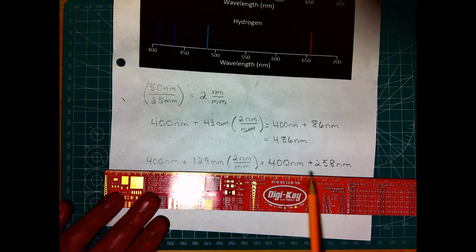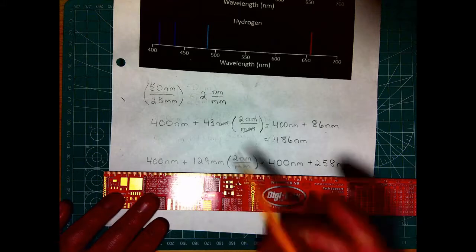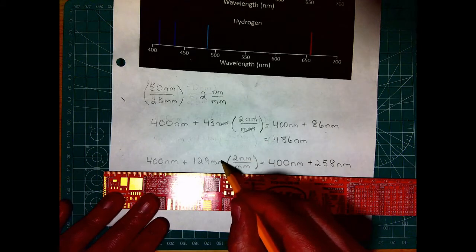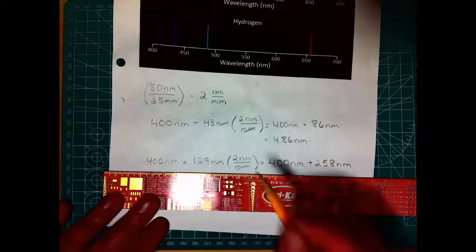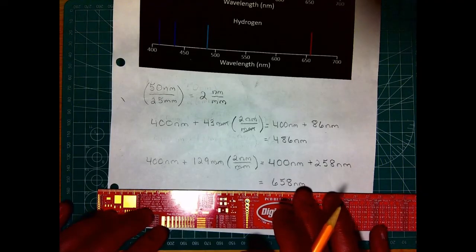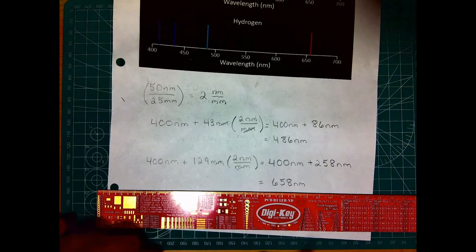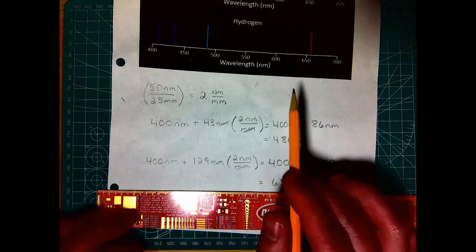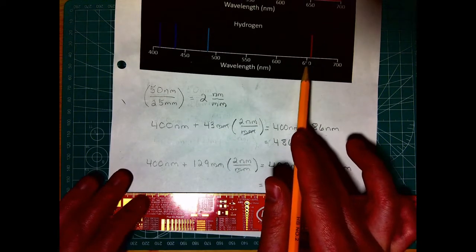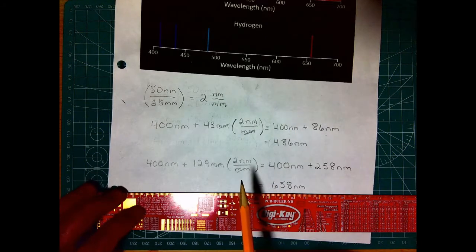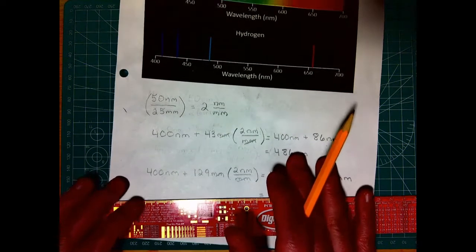That comes out to 400 nanometers plus 258 nanometers. Again, we know that our millimeters are going to cancel here, and I get 658 nanometers, a little past 650. So again, that checks out and passes our sanity check.